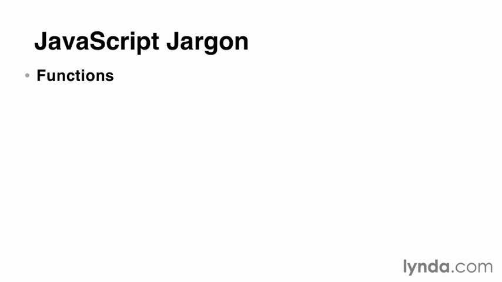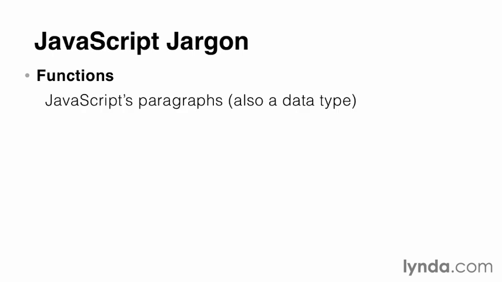JavaScript also has functions. Functions, if we're stretching this linguistic metaphor to the absolute breaking point, could be thought of as paragraphs. Functions are collections of other statements that can do something with some data. As it happens in JavaScript, they're also a data type of their own right.